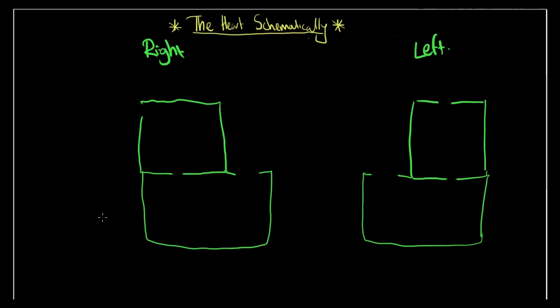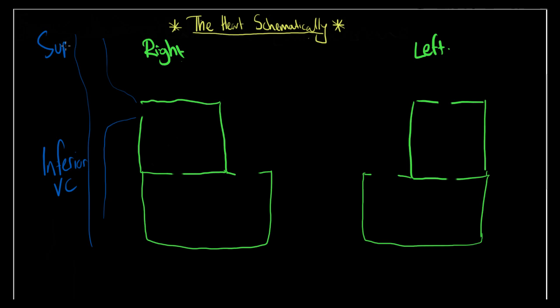What we do is we come in from like our inferior vena cava here and our superior vena cava here, and I might just write that down here. Inferior vena cava. So that'll be our superior. Superior vena cava.